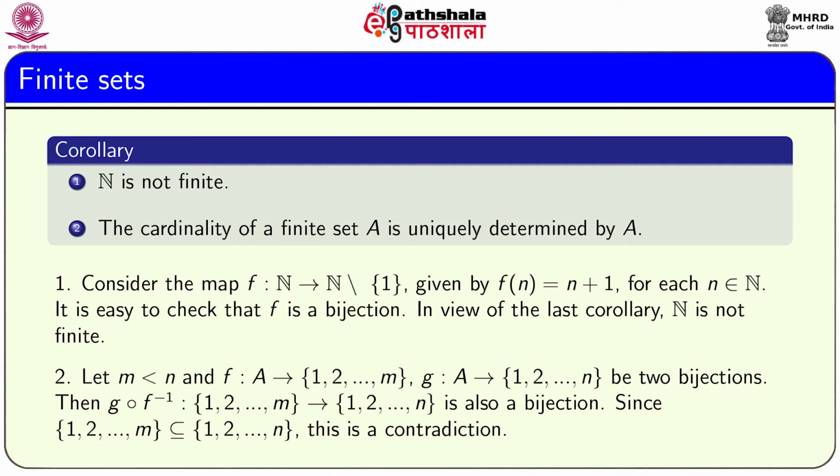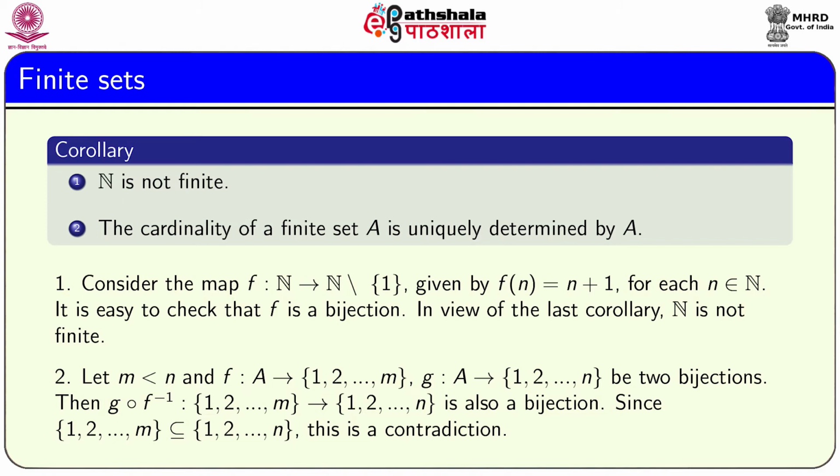Let us consider the composite G composed F inverse. Since F is bijective, F inverse exists, and it is a map from the set 1 to m to A. So, the composite G composed F inverse is a map from the set 1 to m to the set 1 to n, and of course, it is a bijection.